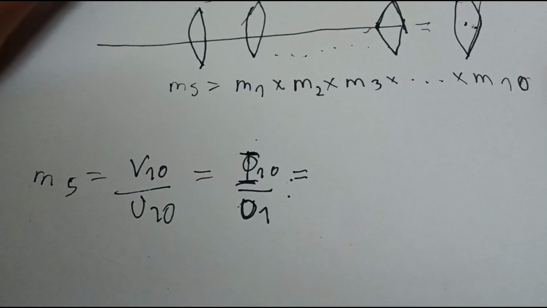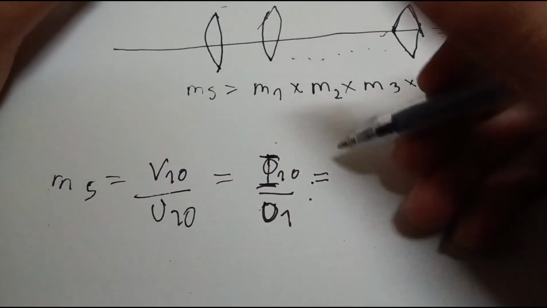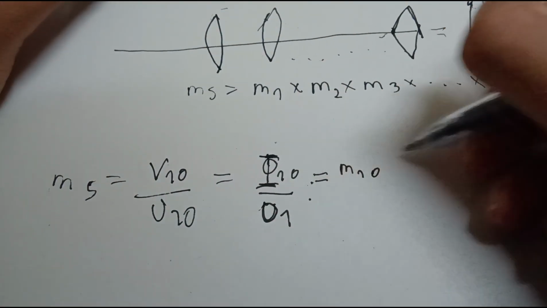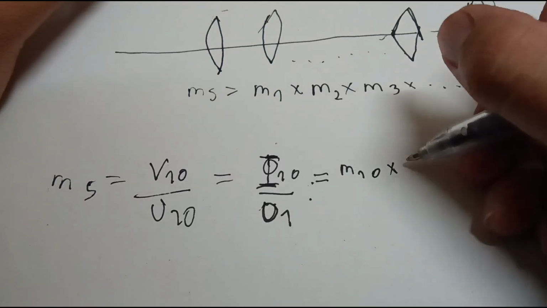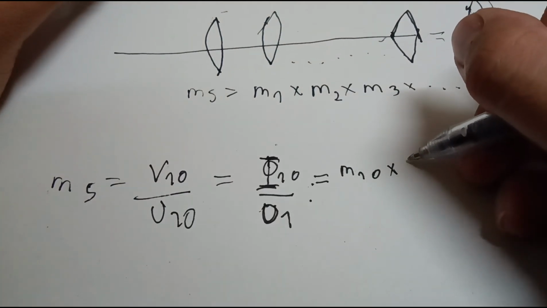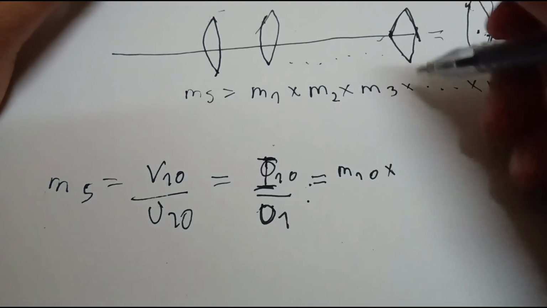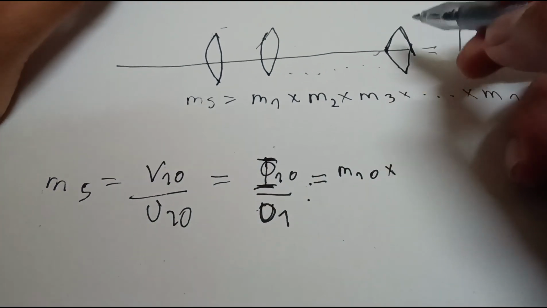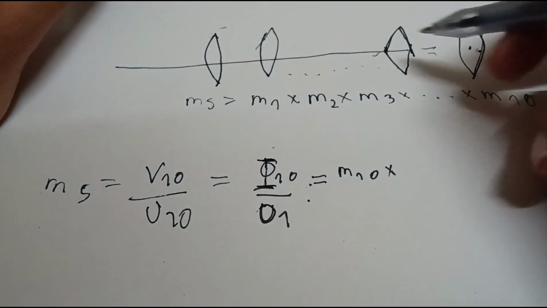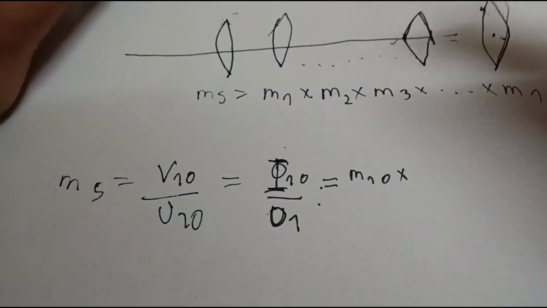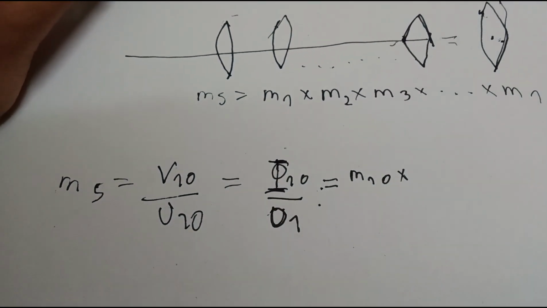I10 upon O1. What is I10? M10 into I9 or O10. After all, the image formed by the previous lens is the object for the next lens.